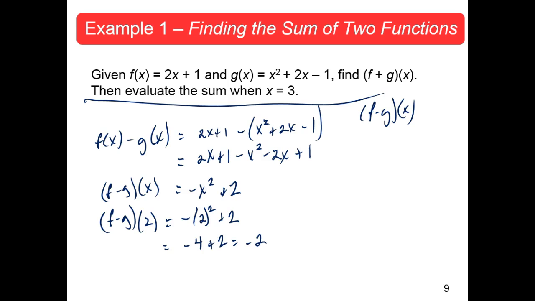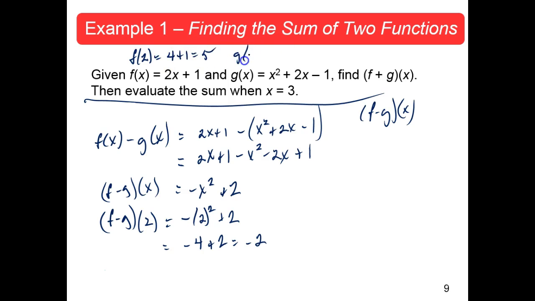Now, I meant to do this on the last one. I forgot to. We had other questions. What would have happened if we had plugged in our 2 there rather than down here? What's f of 2? 4 plus 1 is 5.